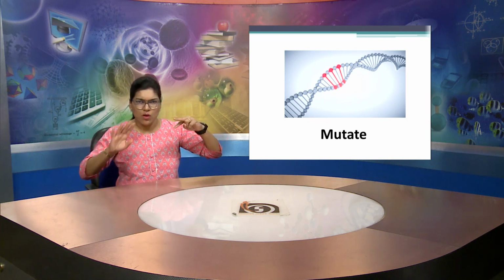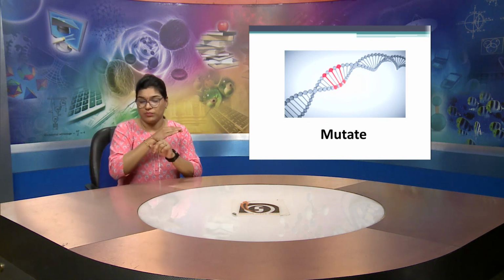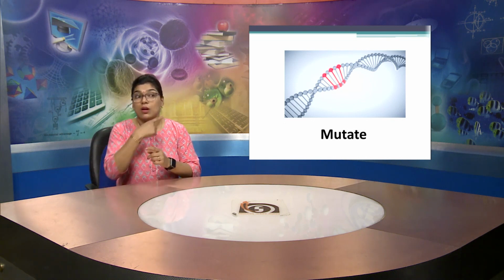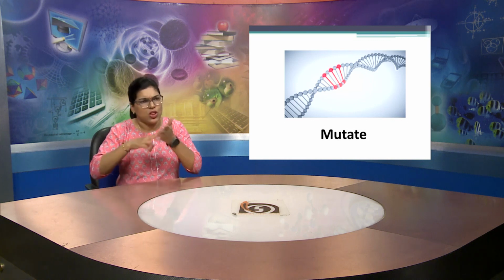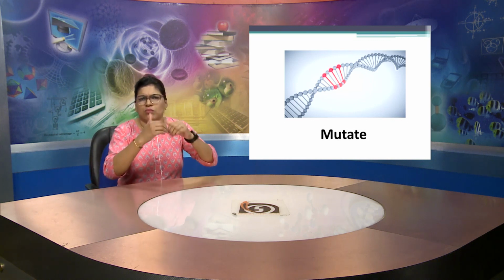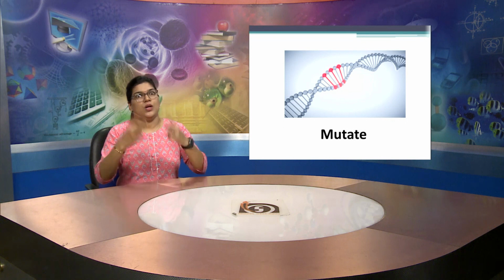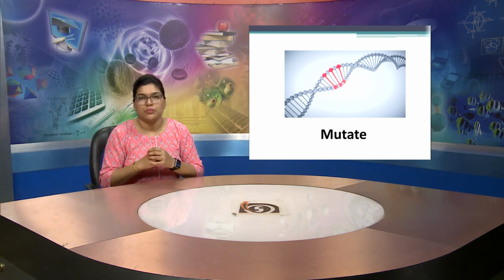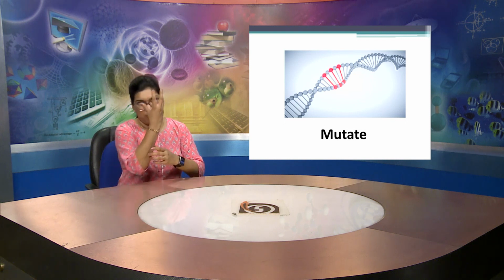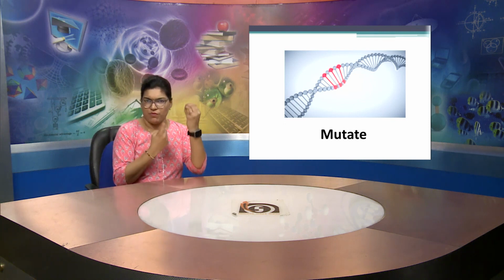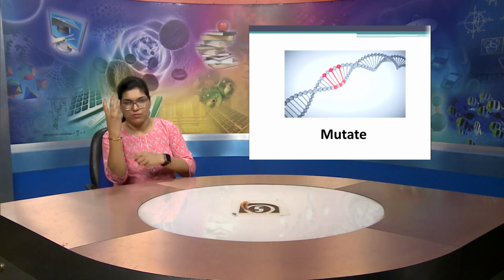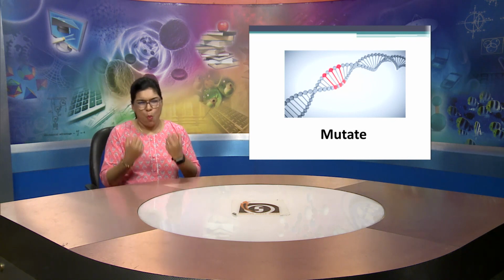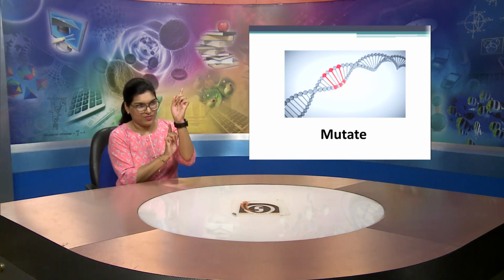This word is mutate. Earlier we had learnt the word DNA and the genetic. So it is a word which is used in the context of genes. Let me explain. Like there are different flowers which are around us in the environment.